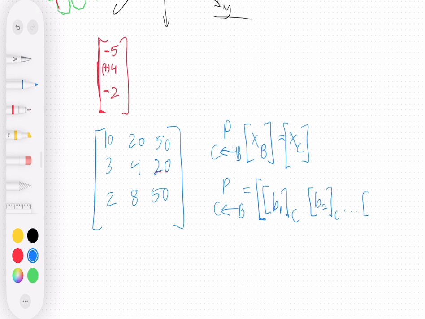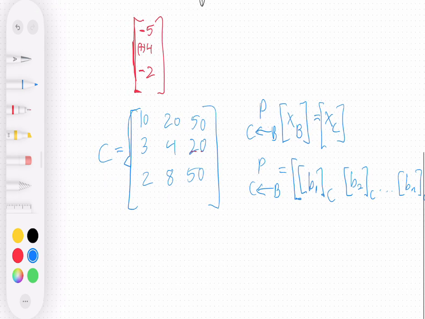This will go up to B n, but for us, n will be 3 because we only have 3 vectors. So let's say we want to put something in terms of C. This would be our C, and it would be a set. And our B would have been the earlier basis, which will just be the standard basis.